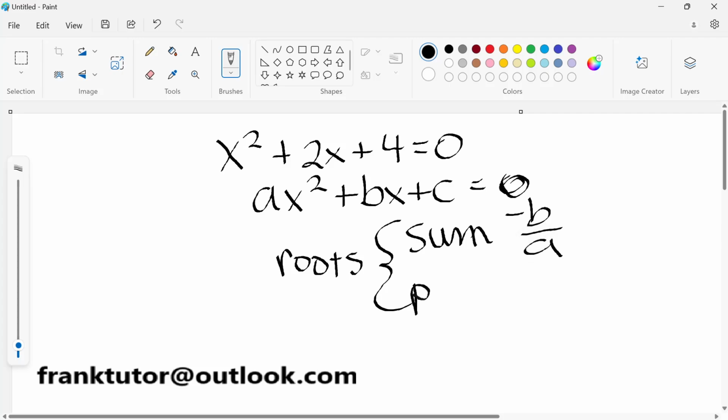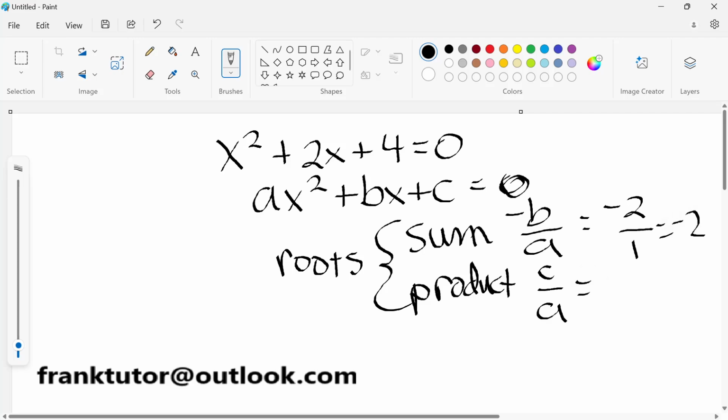And to find the product of the roots, meaning they're multiplied together, it's c over a. So in this case, the sum of the roots would be negative 2 over 1, which is negative 2. And the product of the roots would be 4 over 1, which is 4.